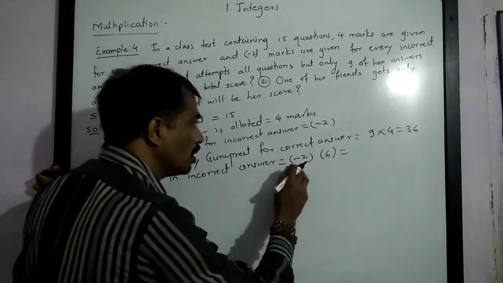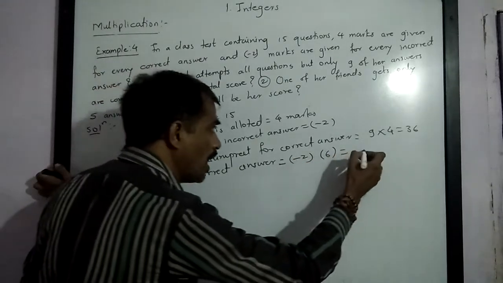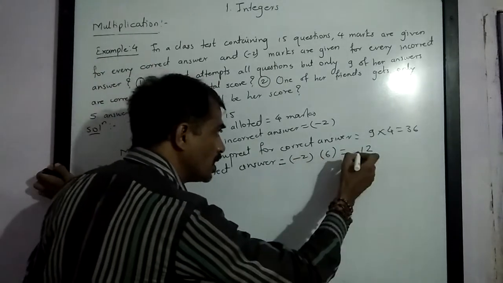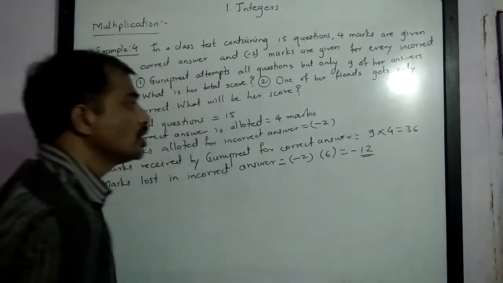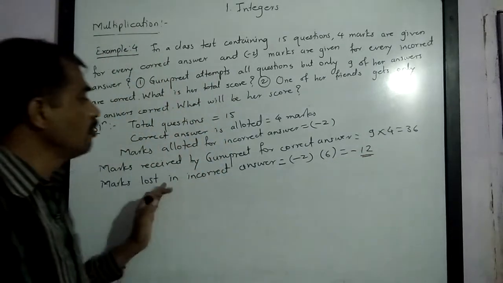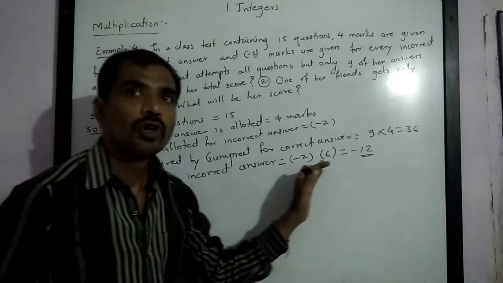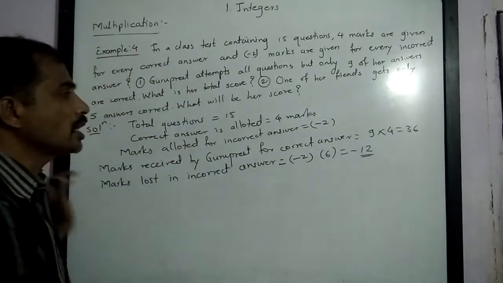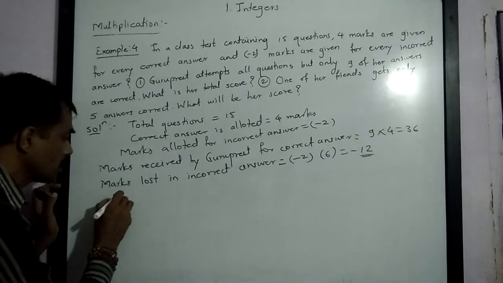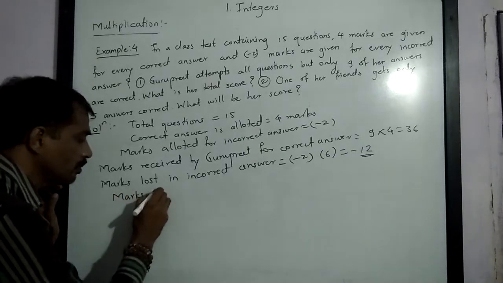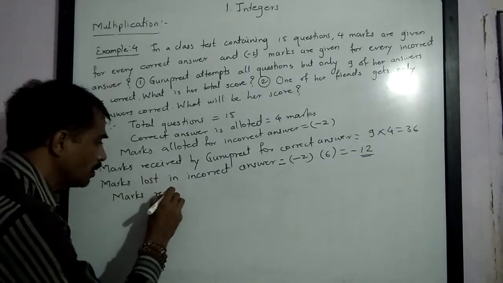So the marks she lost is 6 2s are 12, minus into plus is negative. So she got negative 12 marks for incorrect answers. So total marks she got is equal to, so marks received by Gurpreet.